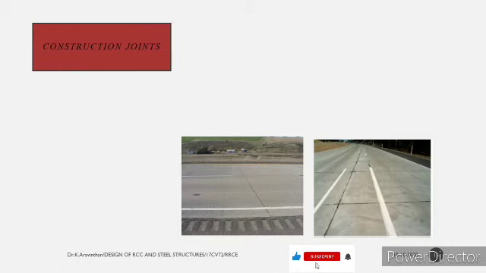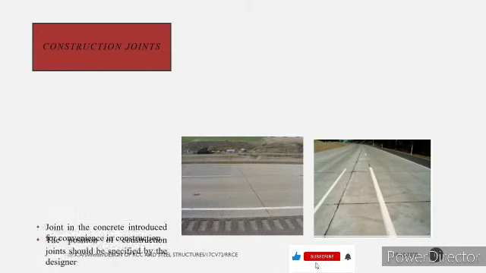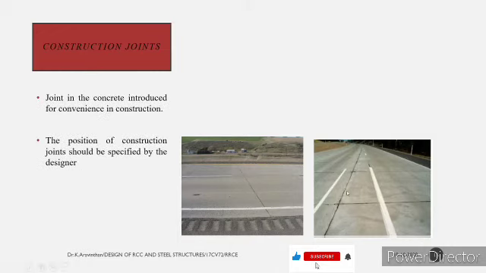And the construction joint. This is not only in water tanks; in road construction also, you can see the joint. If you provide a single member throughout the highway, what will happen? Due to the continuity of the structure, the length will increase. If you multiply the length by the thermal coefficient, there will be a thermal expansion.